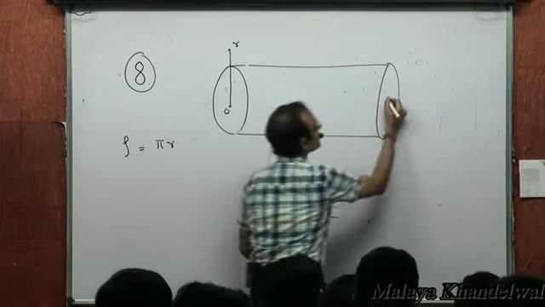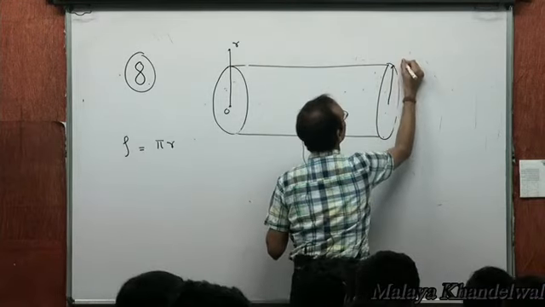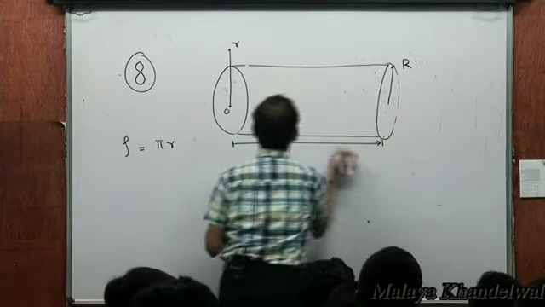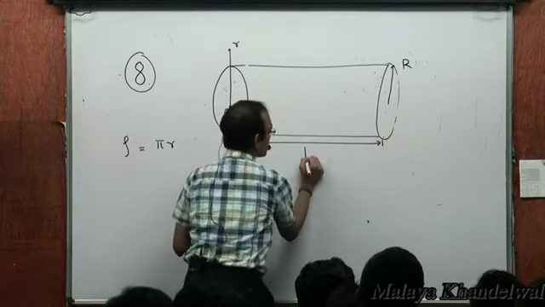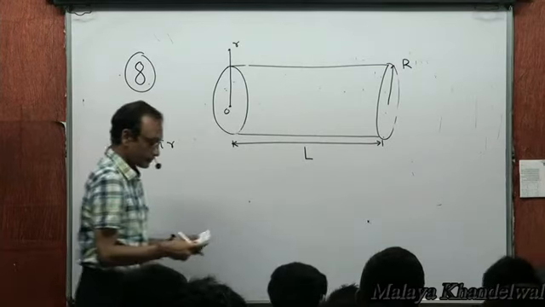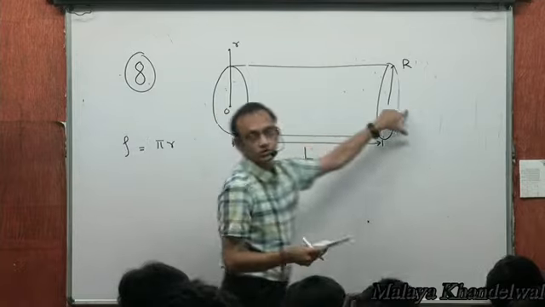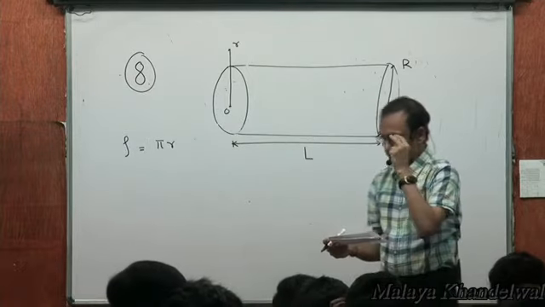Now the radius of this cylinder is capital R. The length is L. We want to find the resistance from this end to this end. All right.